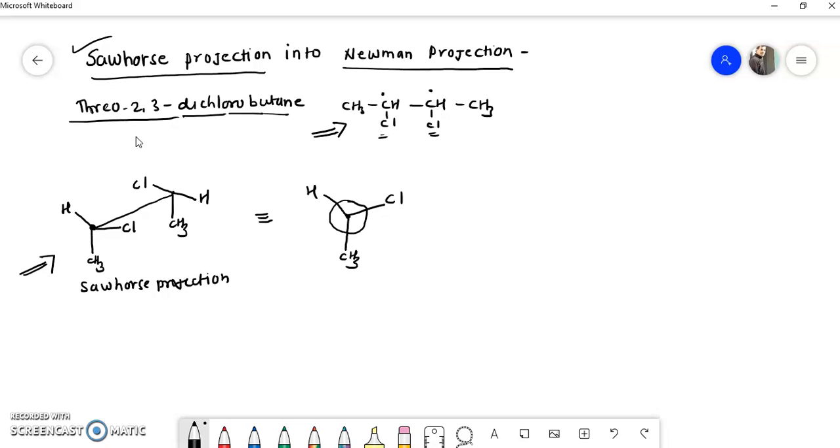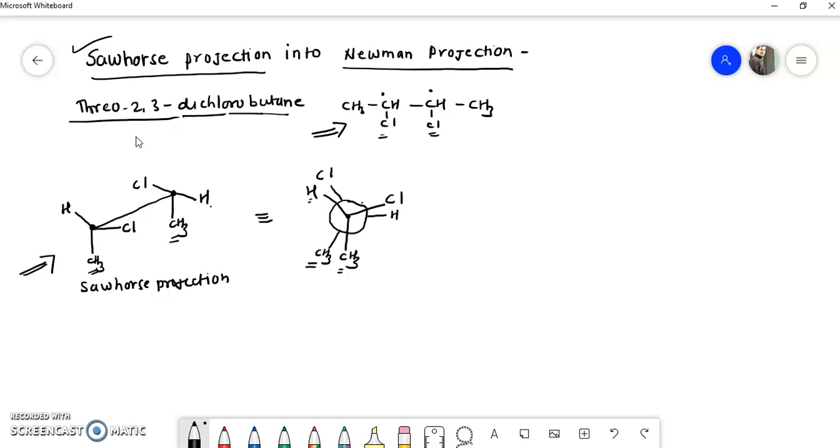Okay, now you see this is the rear carbon. Now here also the chlorines are on opposite sides. Okay, so we'll draw like this. Here there will be chlorine and here there will be hydrogen, and suppose here there is the CH3, because CH3 groups are on the same side. So you see here CH3 groups are on the same side.